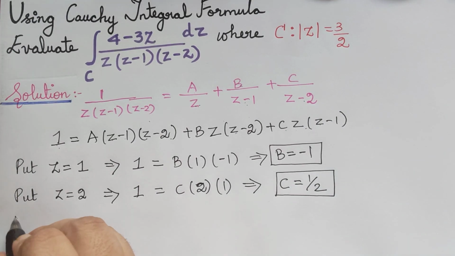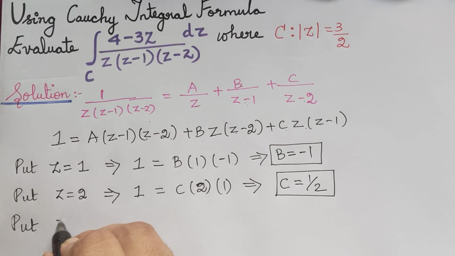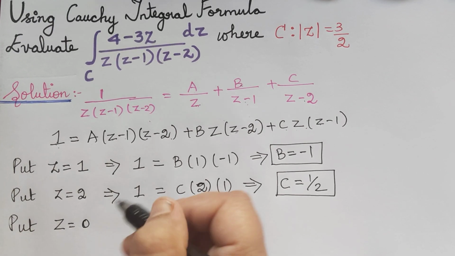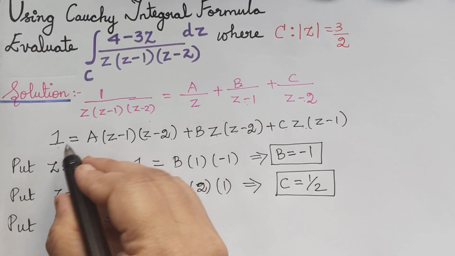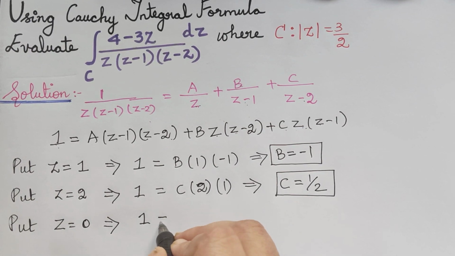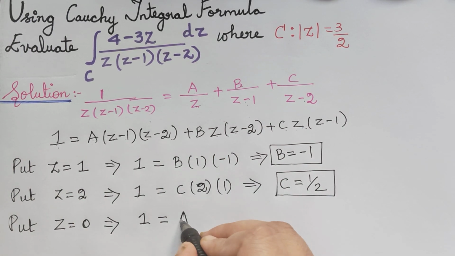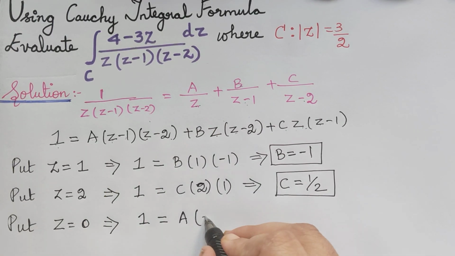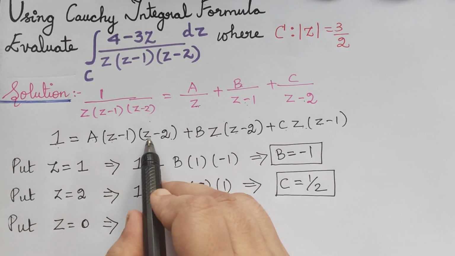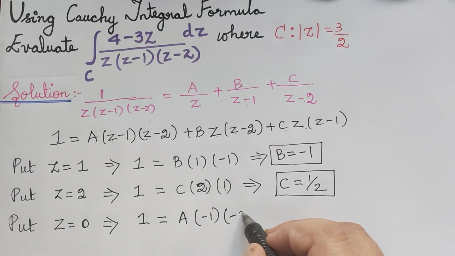In order to find the value of a, we put z equal to 0 because we have z over here. When you put z as 0, we get 1 equal to a multiplied with 0 minus 1, which is minus 1, and 0 minus 2, which is minus 2.